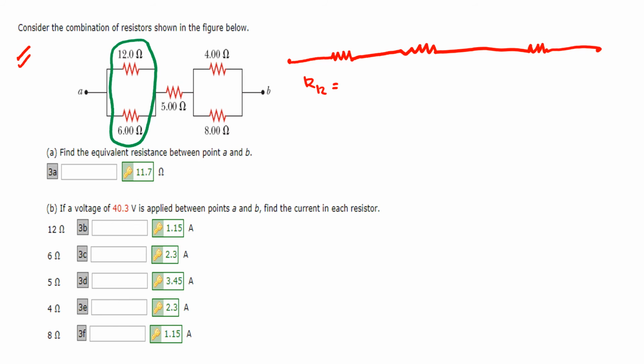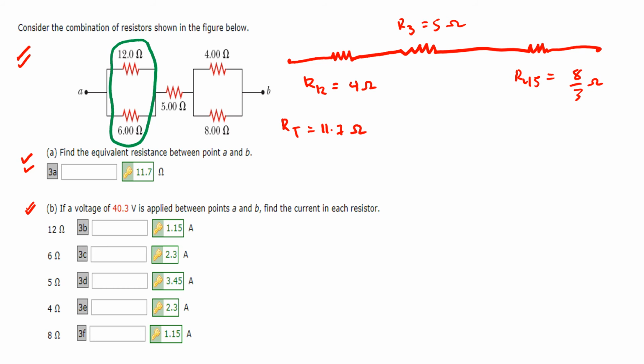R12 is equal to 4 ohms, R3 is equal to 5 ohms, and R45 is equal to 8 over 3 ohms. In part A, we solved for the equivalent resistance, so R total is equal to 11.7 ohms.